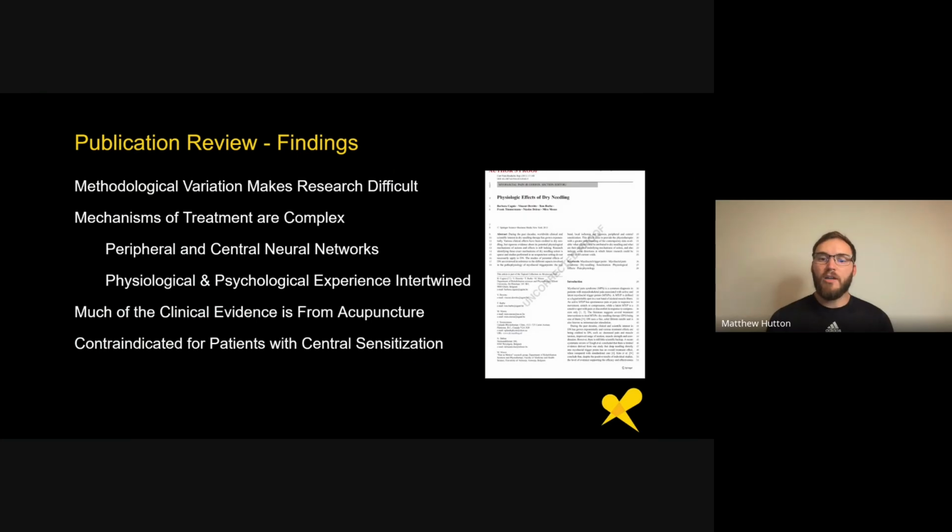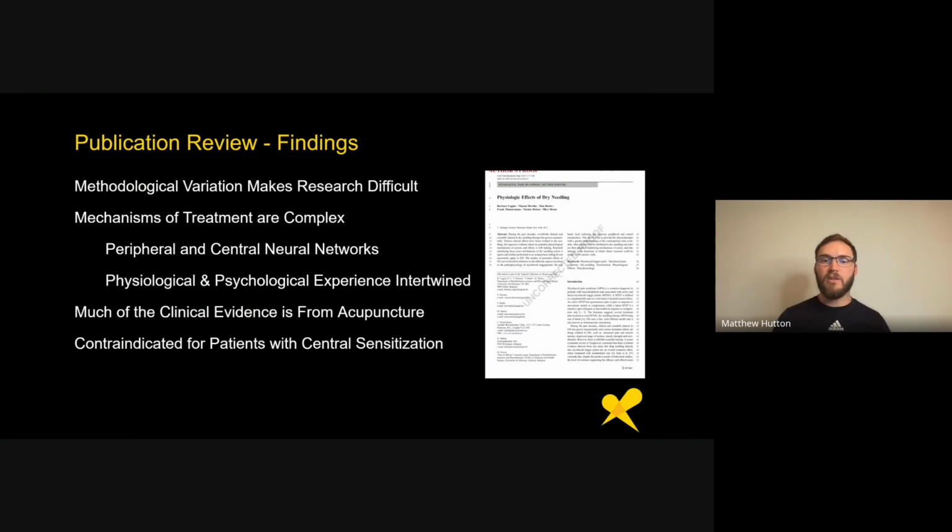So if we're trying to be objective about dry needling effects, then how can we compare when somebody's doing a perpendicular application versus a longitudinal application? How can we compare when somebody's doing a static treatment versus a pistoning treatment? And so it's really tough to have high quality evidence. This paper harped on it and said the existing literature is mostly acupuncture, and even the stuff that does exist for dry needling is pretty sparse and pretty poor because it doesn't necessarily talk about the technical application.